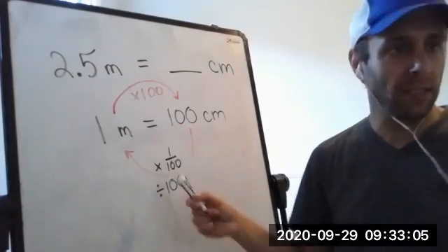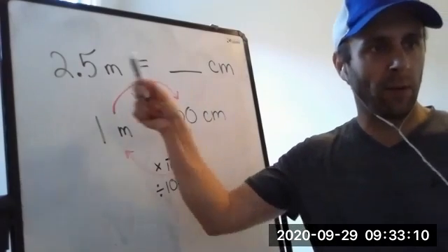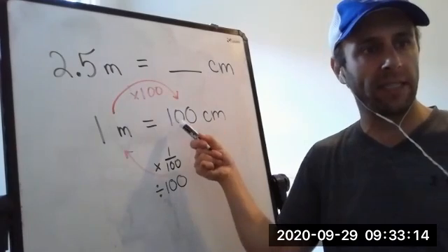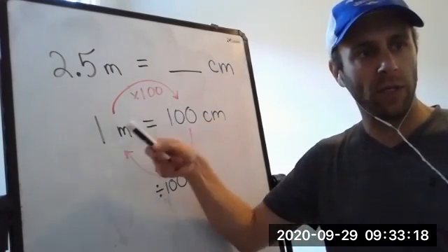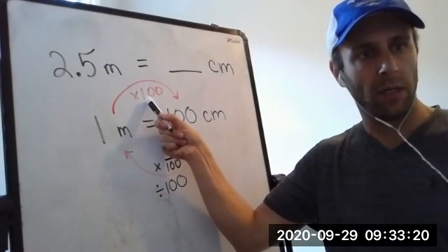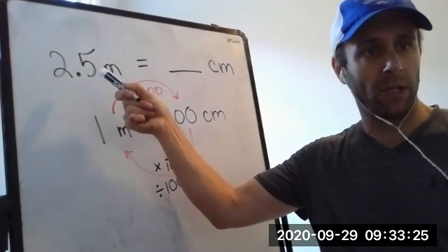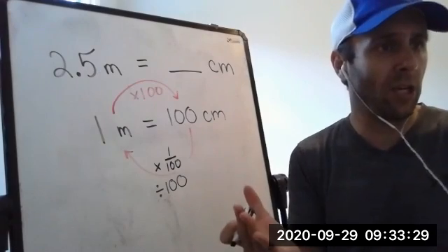Now, here's the cool thing. Once you do this, it's actually really easy to convert. So in this problem, we have the meters and we're going to centimeters. So I look down at my chart and I say, okay, if I have the meters and I'm going this way, what do I do? And you can see that you multiply by 100. So if you want to know how many centimeters are in this many meters, we're going to multiply by 100. Now, if you use a calculator, you do 2.5 times 100.